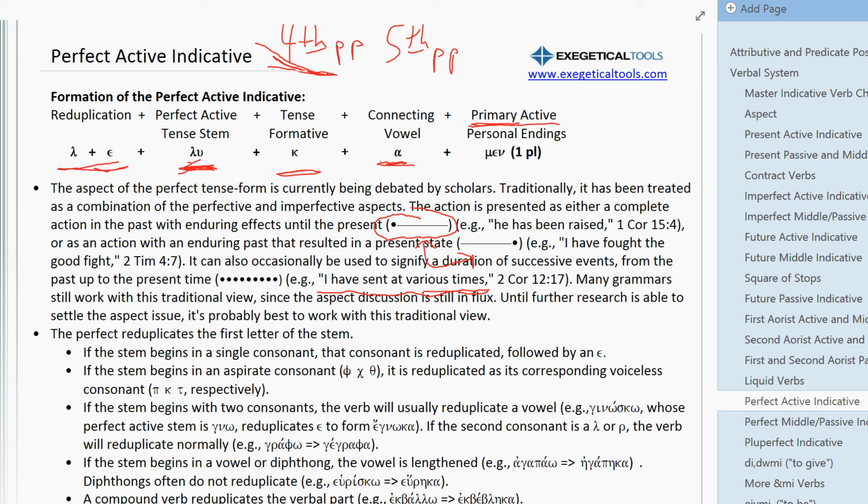And so with the perfect, you can choose to work with the traditional view and use these Aktionsart categories, or you can wait for the dust to settle. For now, I stick with the view that the perfect tense stem is stative aspect. I think it's tied up with the enduring state, or the author is presenting the action as being in a state.